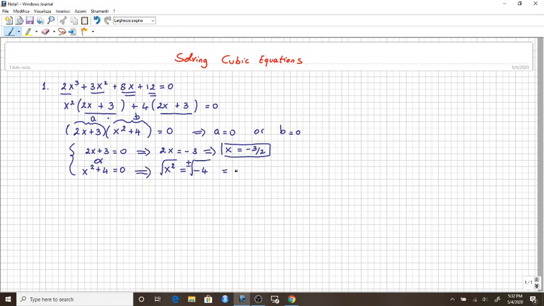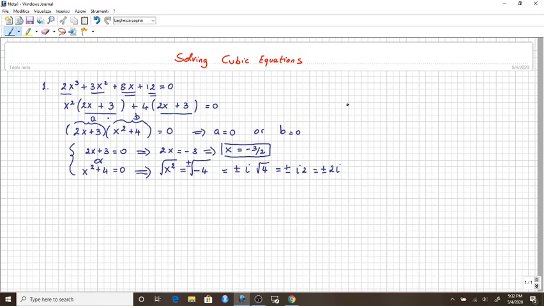So this is the same thing as plus and minus i, because the square root of -1 is i, and then we are left with the square root of 4. So plus minus i square root of 4, and we know that the square root of 4 is 2, so this becomes i times 2. You can also say plus and minus 2i, it is the same thing. You can interchange these two terms, okay?